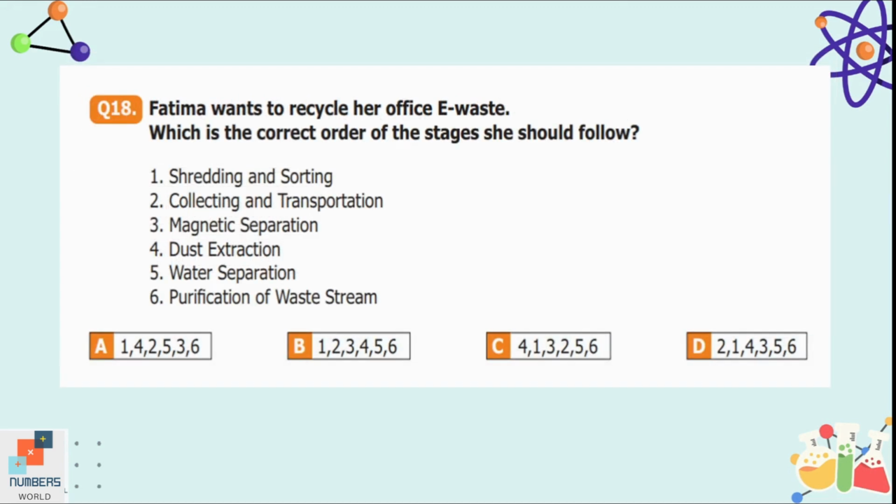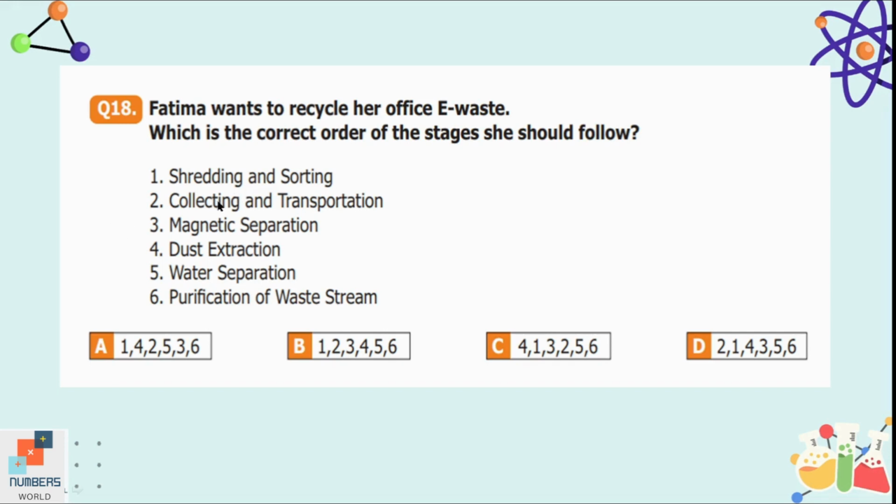Question number 18. Fatima wants to recycle her office e-waste. Which is the correct order of the stages she should follow? First option is shredding and sorting. Second option is collecting and transportation. Third is magnetic separation. Fourth is dust extraction. Fifth is water separation. And the last option is purification of water stream.